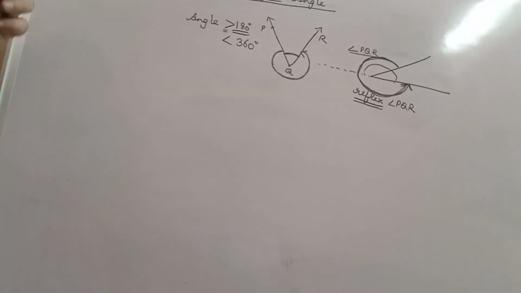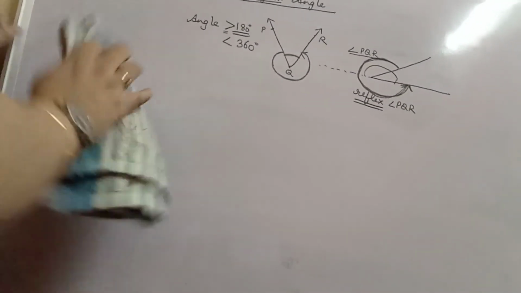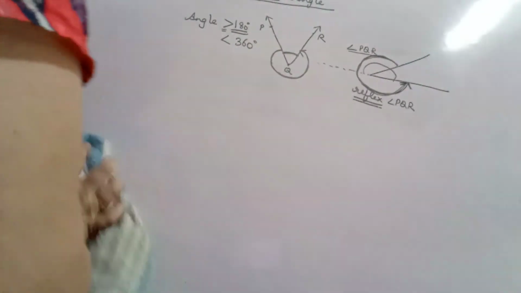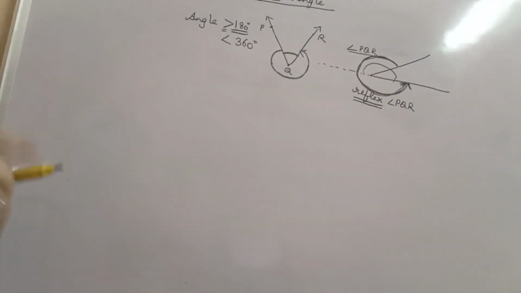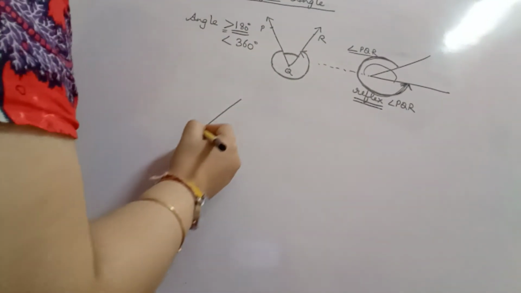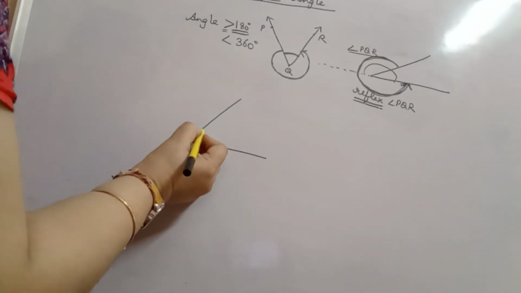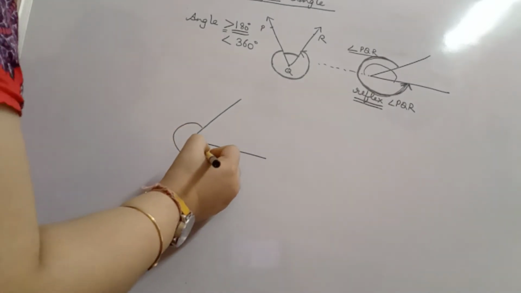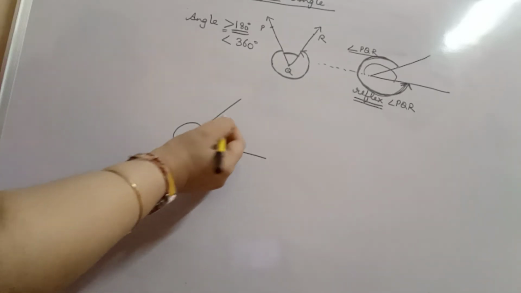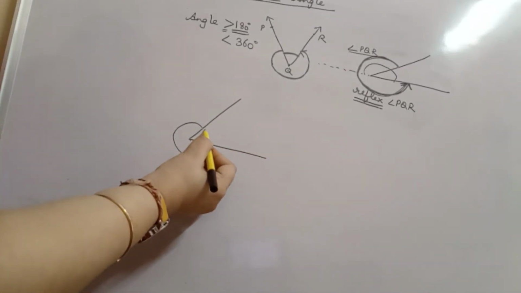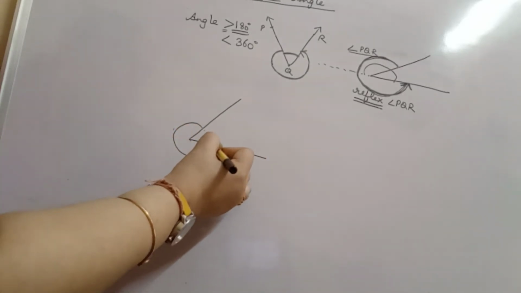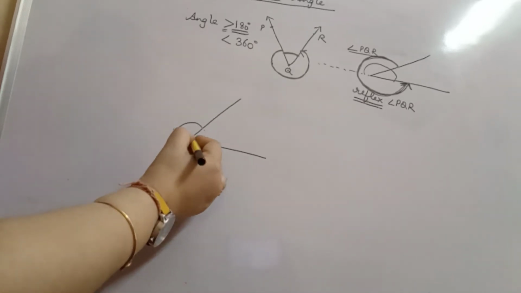So what type of figure is formed in reflex angle? Suppose I give this angle. So how will you mark reflex angle? It would be like this. Going from the same ray in the opposite direction till the second ray.